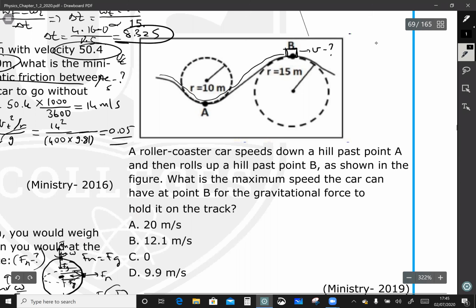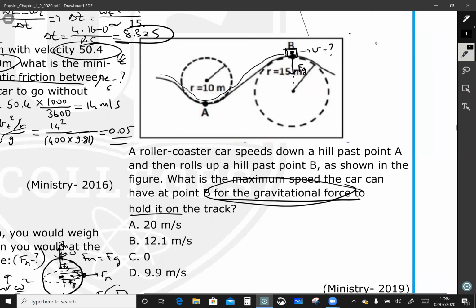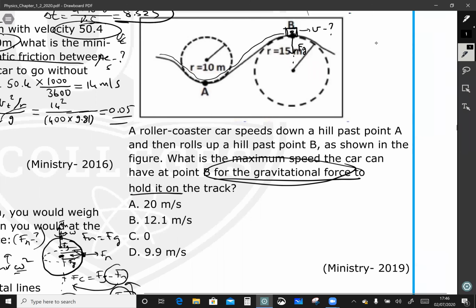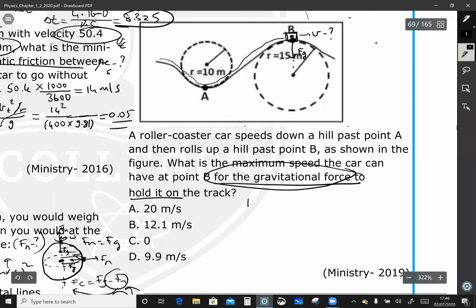The question says gravitational force holds it on the track, meaning the only force acting on the car is gravitational force, Fg. So gravitational force is the centripetal force. Fc is equal to Fg.